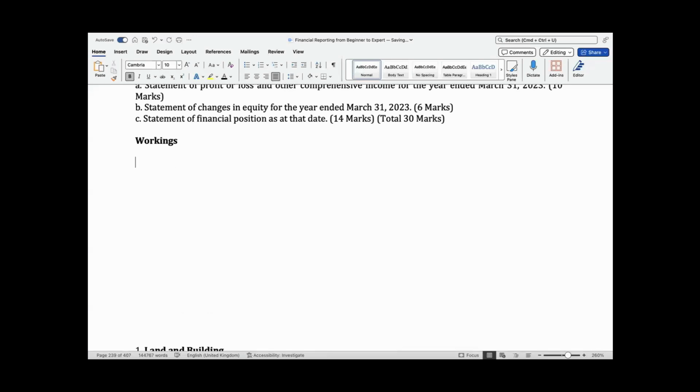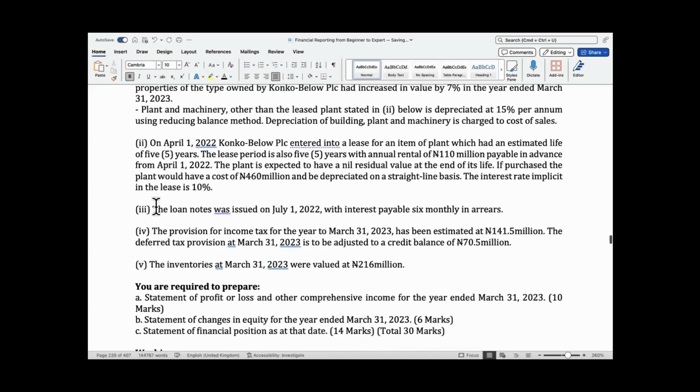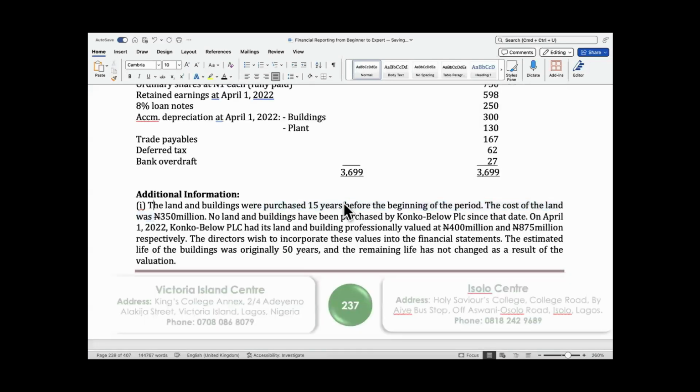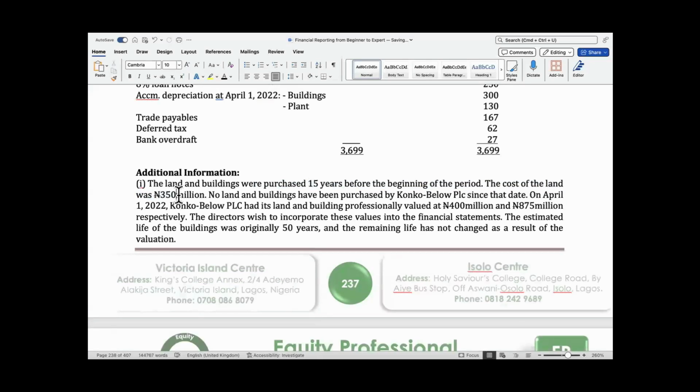So the first one, which is the land and building. This is speaking about land and building, that we bought 15 years ago, and the land is 350 million. Since that time, this guy hasn't bought any land till now. So at the beginning of this year, the land and building was professionally valued.